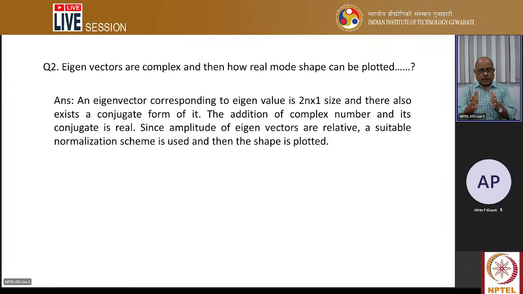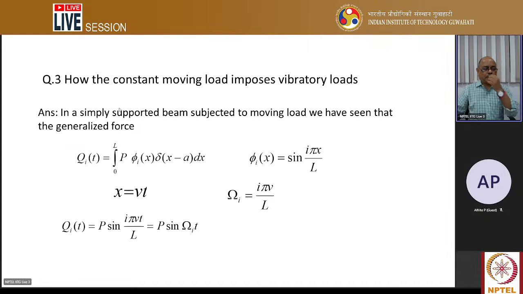So if the two sets are added, we get a real vector. Of course, the magnitude is arbitrary, but we can normalize it with a suitable procedure, and then we can plot the shape.